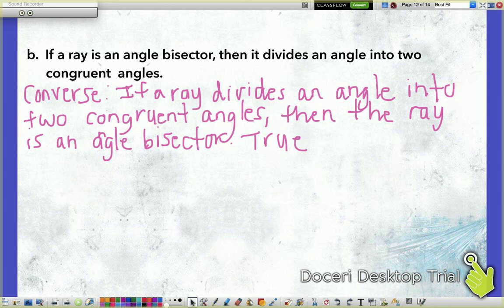Okay, so my biconditional. So remember, this is the conditional statement.